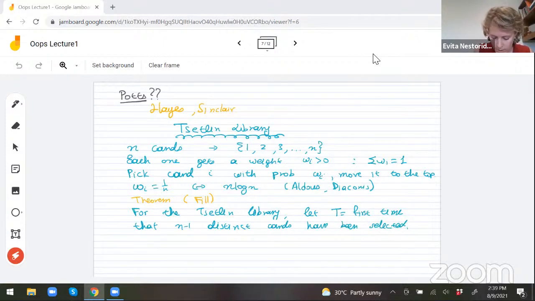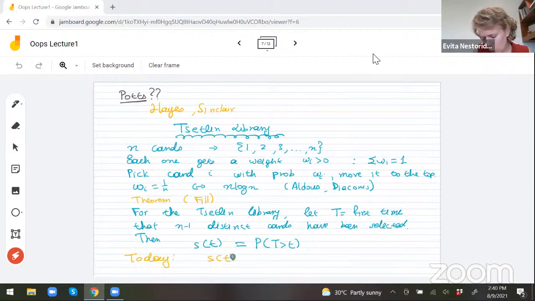Then the separation distance, remember this L infinity looking quantity, is equal to the tail of this stopping time. That's Fill's theorem.